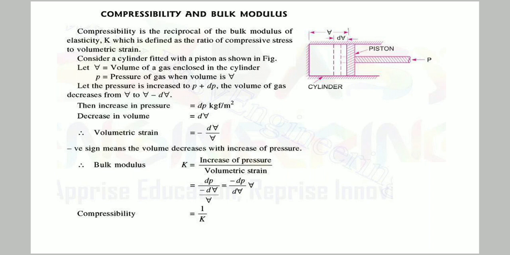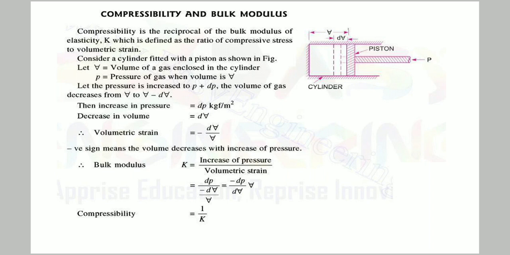So increase in pressure is dP, decrease in volume is dV, and volumetric strain is change in volume by original volume. The change in volume is dV and the original volume is V, and since that is a decrease in volume, we denote it as minus. So volumetric strain is minus dV by V.